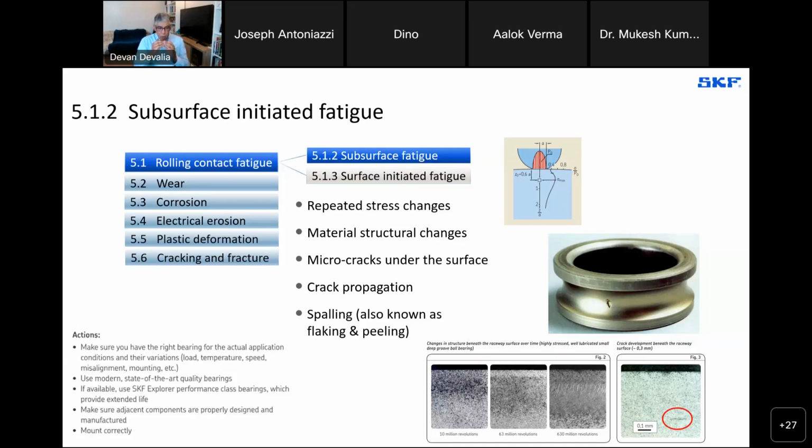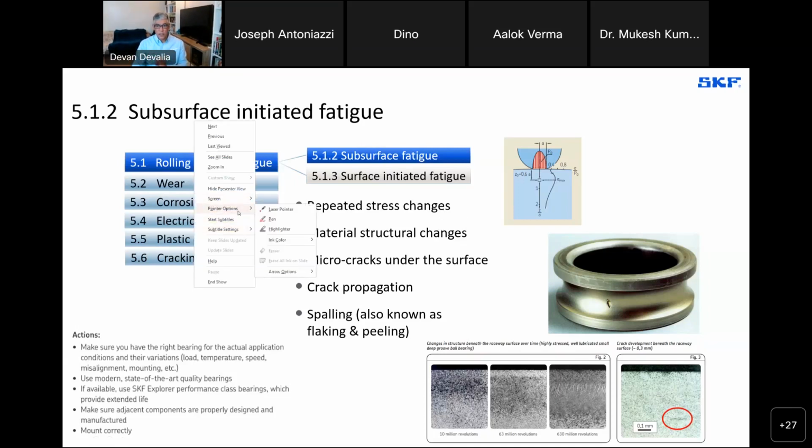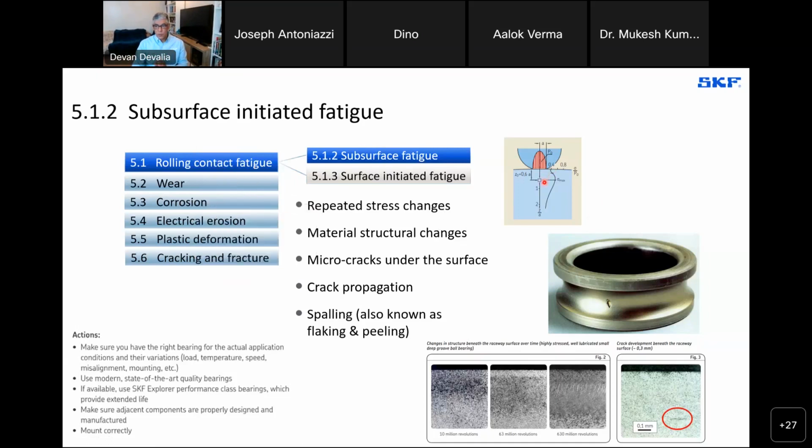And below the load zone, a few micron below the raceway surface is where we have maximum stress, okay? So right here, and the stress is compressive and shear. So we have shear stresses and compressive stresses occurring there cyclically. So over time, the metal gets mechanically worked.